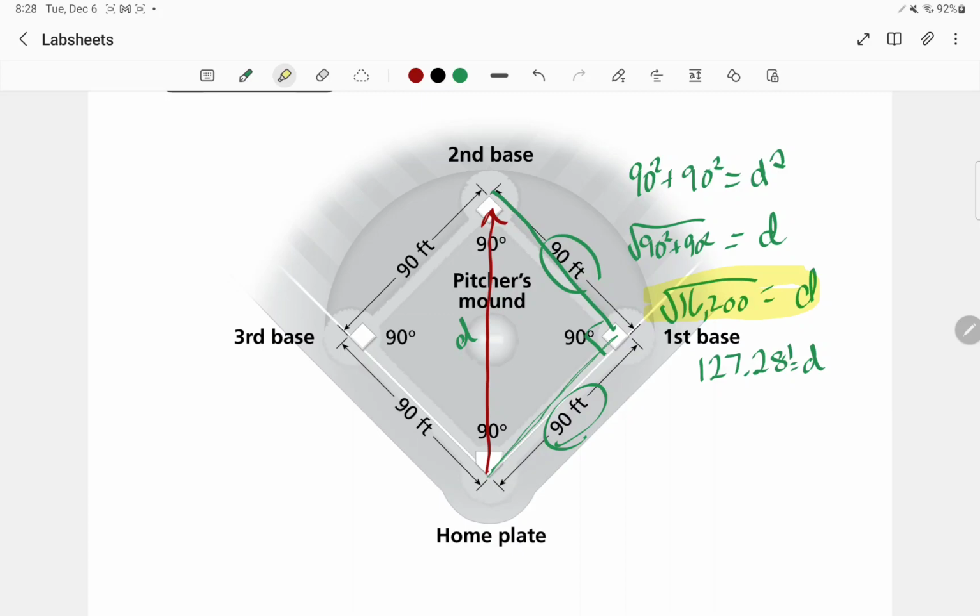However, since we are incapable of writing down, let alone measuring, an irrational number, we have to approximate. So if you're designing or making this field, you would not be able to make the distance equal to the square root of 16,200.